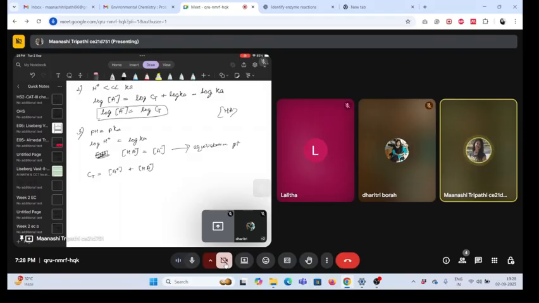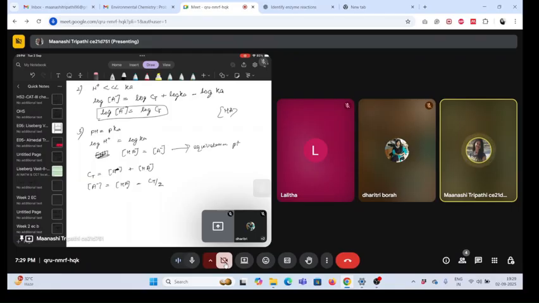Now at equivalence point, what is happening? HA is equal to A negative, which is equal to CT by 2, right?